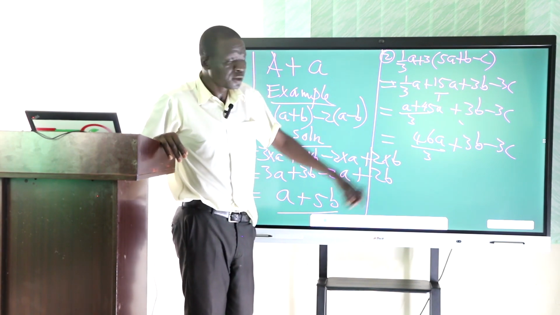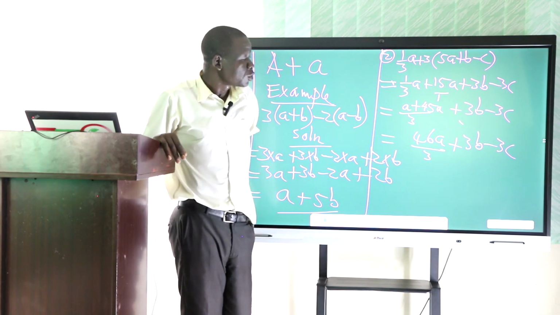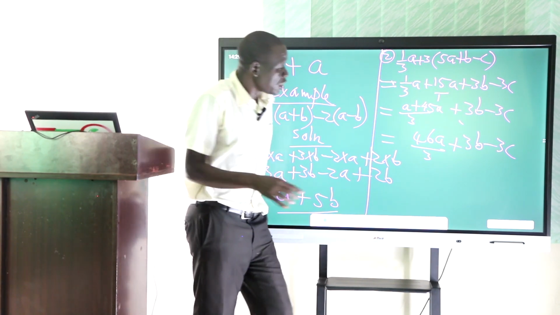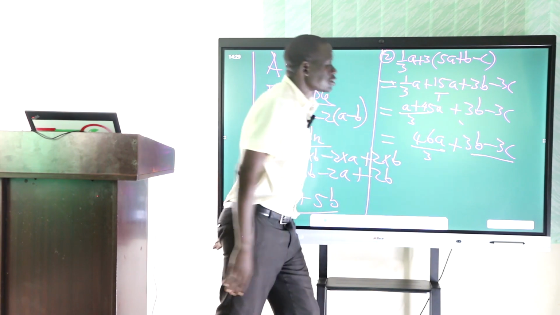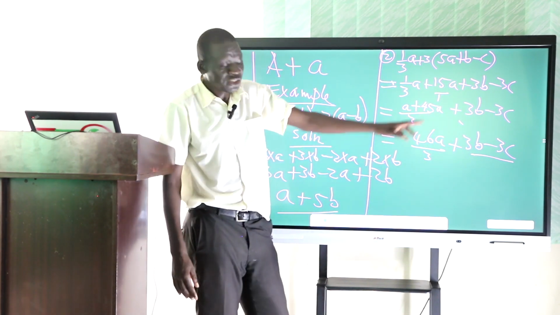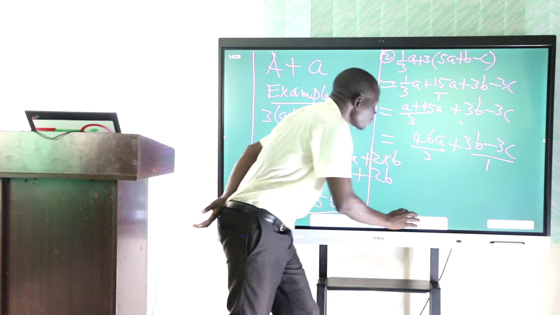How can we make the denominators to be the same? To make the denominators the same, here we can create a denominator. The denominator of 3b minus 3c is the same as 1.